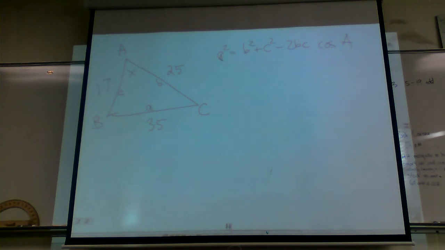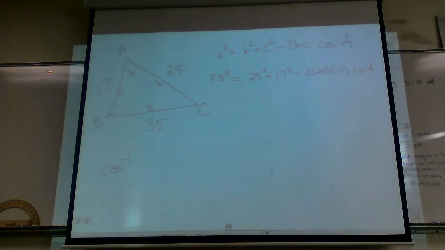Because I've got all the side lengths. So when I plug it in, I'm going to have a number there. I'm going to have a number there. There. 25 and 2. Okay?